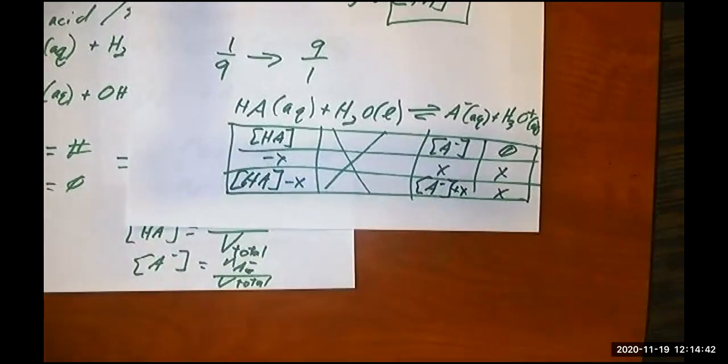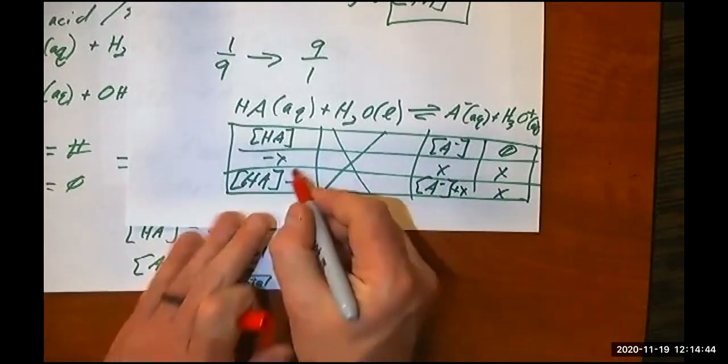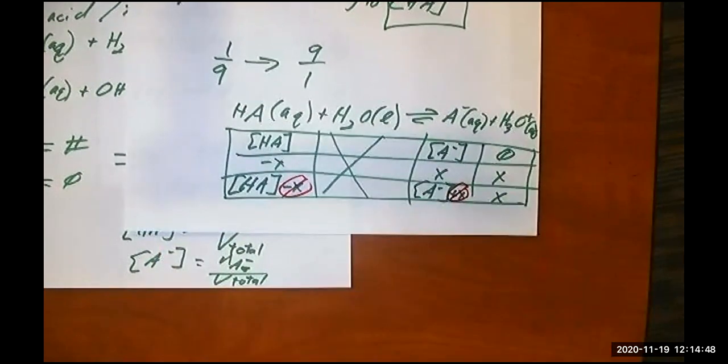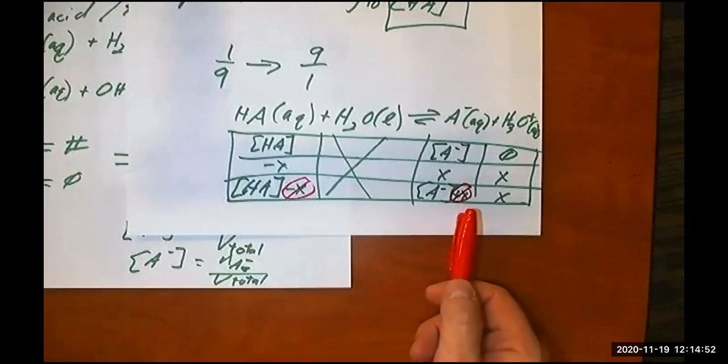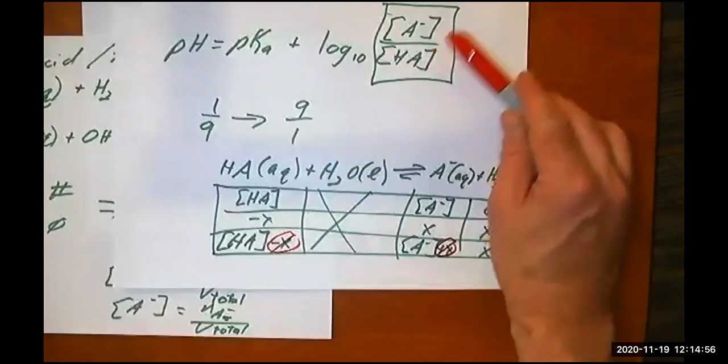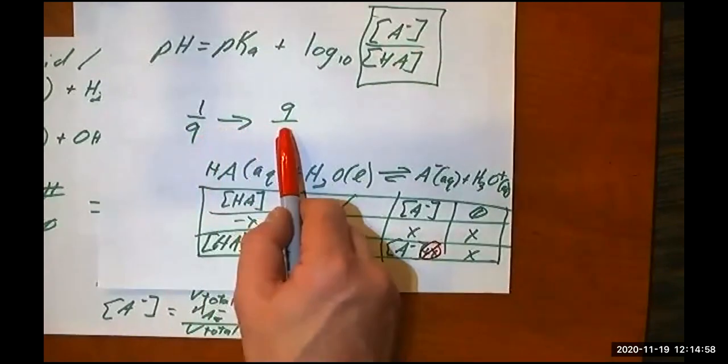The Henderson-Hasselbalch equation assumes that this is negligible and that this is negligible. And that is only a good approximation if the ratio is in this range.